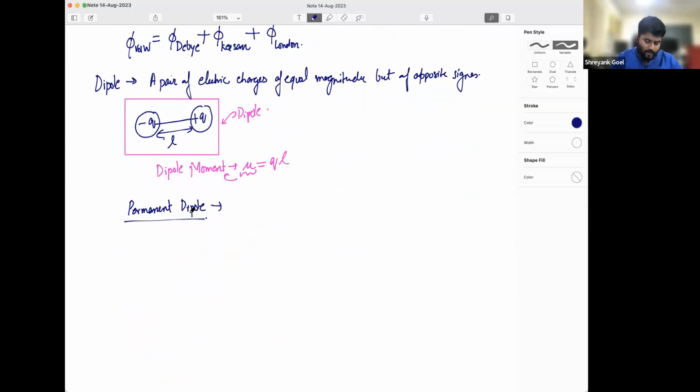So the permanent dipole, basically, like you are having an H2O molecule.